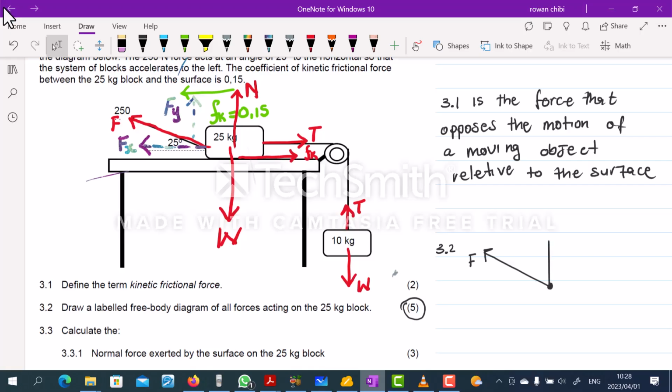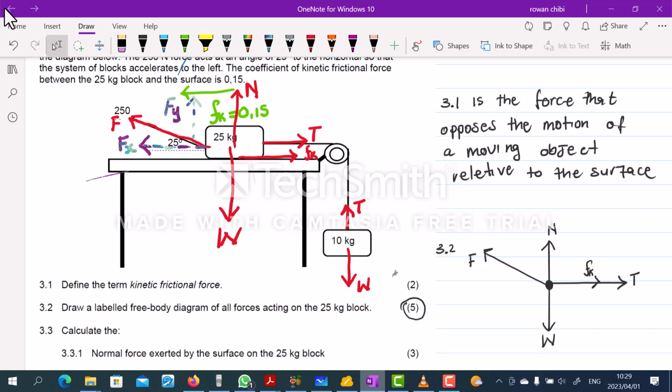The third force will be the weight. Then we have 2 other forces that are looking this way to the right: the tension and the kinetic frictional force.